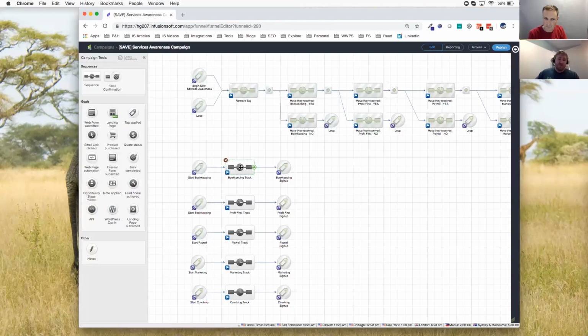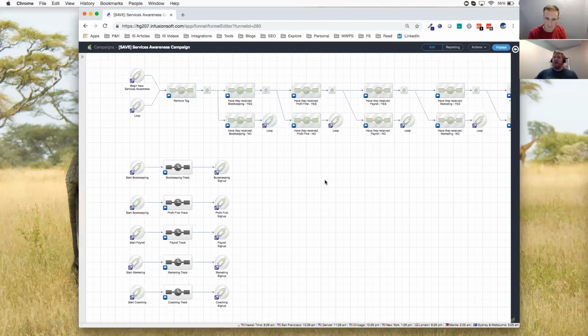So she does a lot of different things, and here are the different services that she offers. So she will just do bookkeeping. There's a style of accounting called Profit First that she teaches. There's payroll, there's marketing, and then there's coaching. So when someone comes into her business, she wants them to be aware that she doesn't just do accounting, right? So she wants people to see language about all 5 of the different services that she provides.